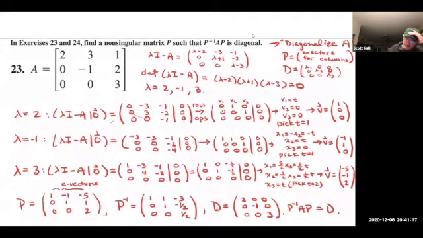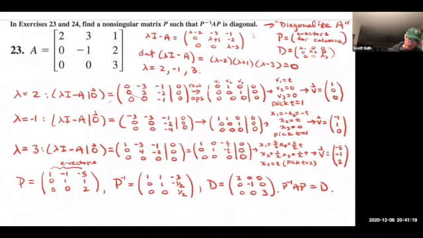Okay, once again, we're solving systems of equations. So we're just doing exactly what I've done on the last two examples. So with lambda equals 2, I put 2 in for lambda here and just row reduce, and I get an eigenvector where I picked t as 1. Okay, with lambda equals -1, same thing.